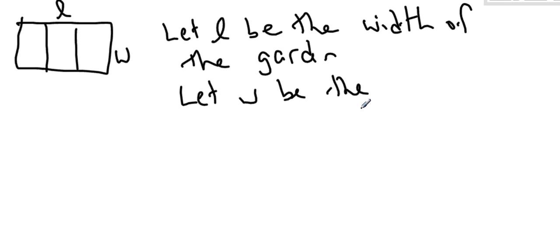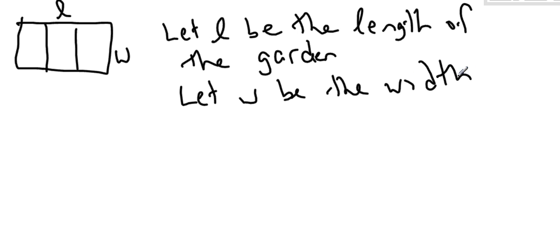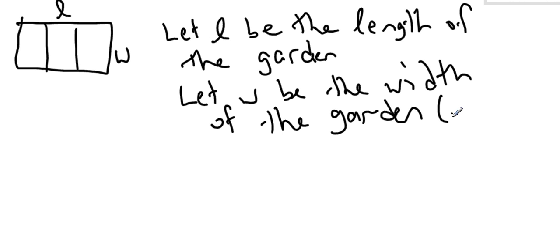That doesn't make much sense, Miss Townsend. You're right. I agree. Why don't we let L be the length? What an excellent idea. Let L be the length of the garden, and we're going to let W be the width of the garden. And of course, we are measuring in meters.